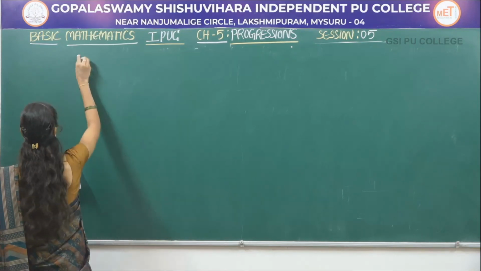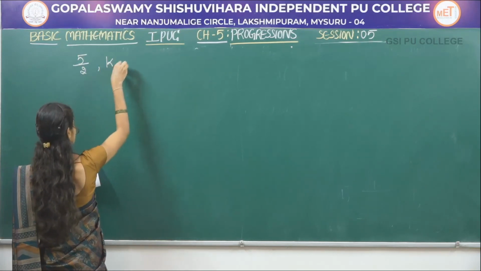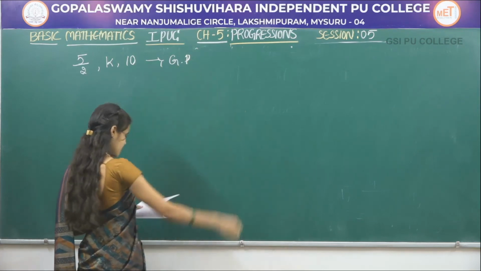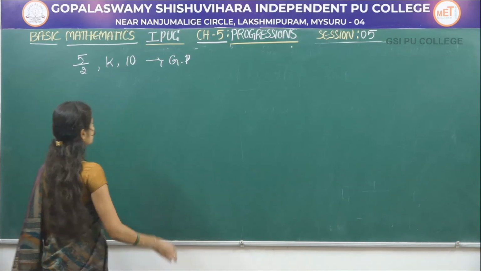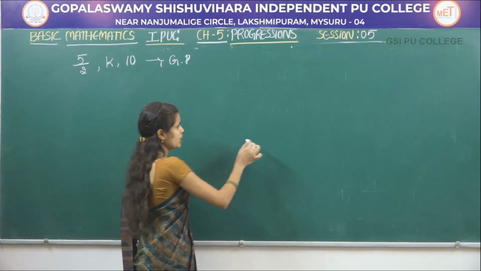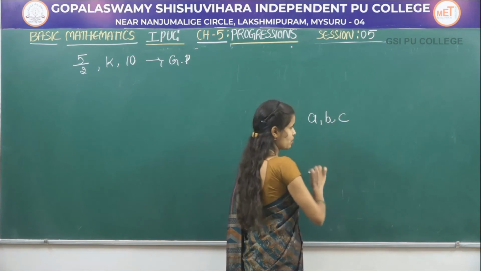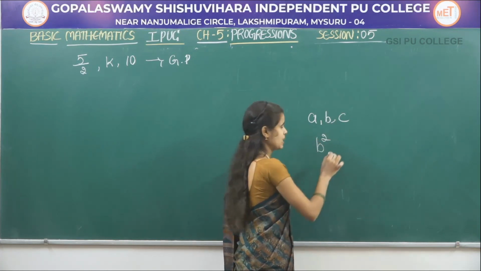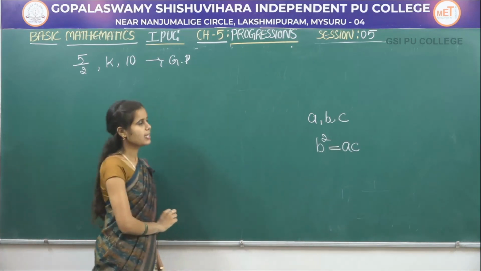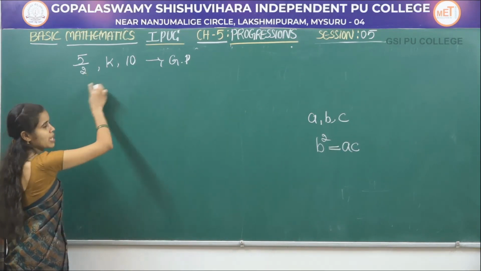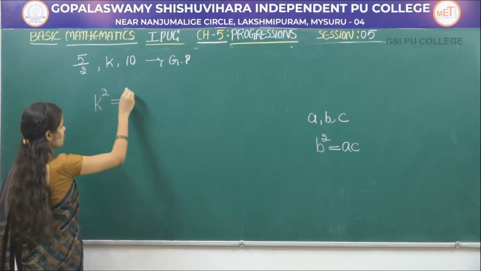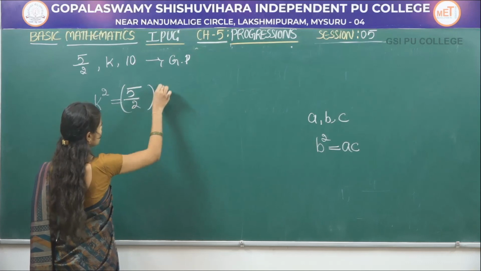Next problem. If 5 by 2, K, 10 are in GP, they are given that these 3 terms are in GP, then find the value of K. Using this condition, we want to find the value of K. We know that if 3 terms A, B, C are in GP, then the square of the middle term, B square, is equal to the product of the first and last term, A into C. So K square is equal to the product of the first and last term, 5 by 2 into 10.